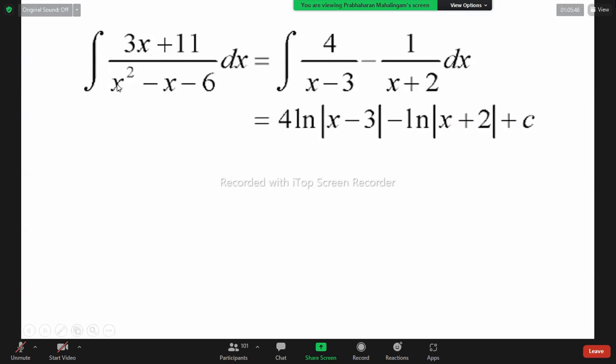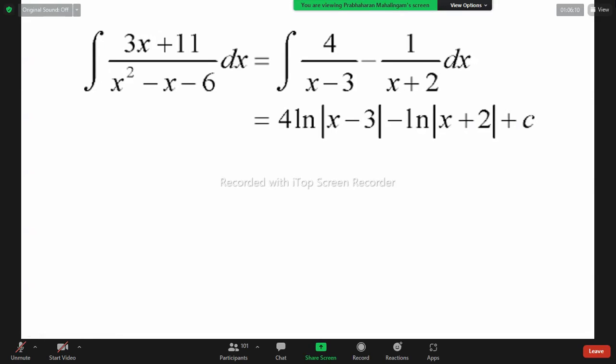Factoring x square minus 3x plus 2x, 3 into 2, 6 minus x. Then there are two factors, x minus 3 and x plus 2. There are two denominators coming in the bracket.